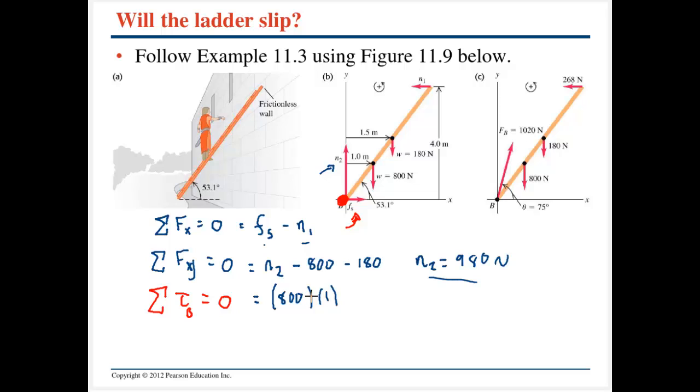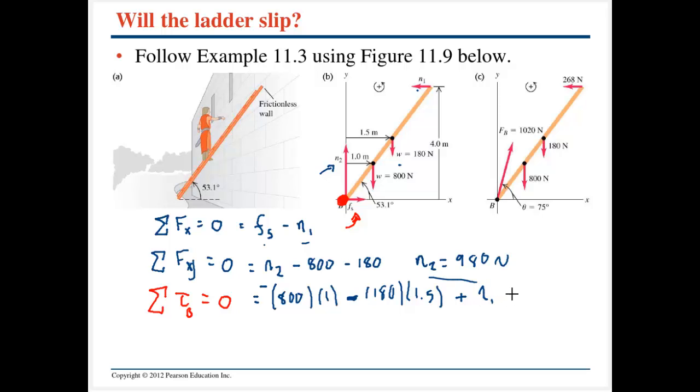and that is going to produce a clockwise torque. Clockwise torques are going to be negative. The same with the weight of the ladder. It's going to be 180 newtons multiplied by 1.5 for the lever arm, also negative. And then I'm going to produce a positive torque with the normal force 1, and that guy is going to act with a lever arm of 4 meters.